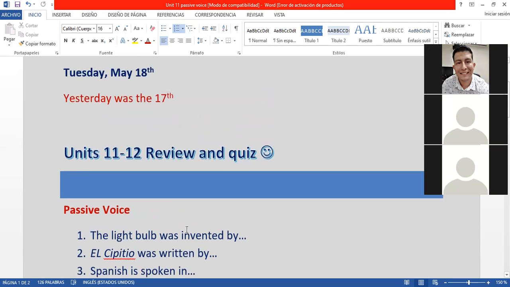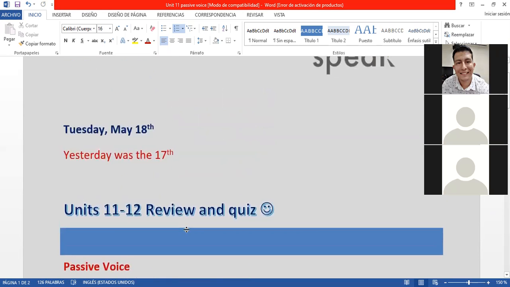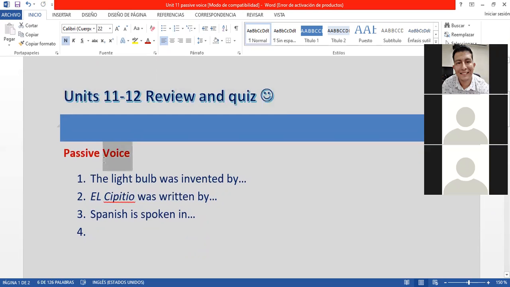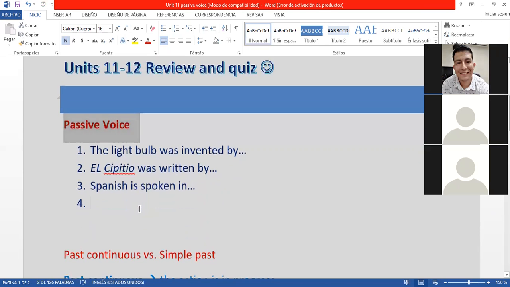All right, so again, Marielos, Leonardo, for you that you just joined us, we have our review and quiz for units 11 to 12. We're going to start by looking at the passive voice. The passive voice puts the emphasis on the receiver of the action. The structure is be plus the past participle form of the verb.